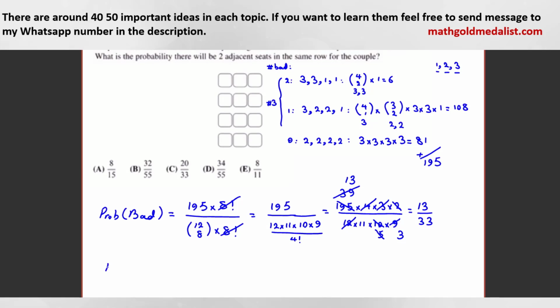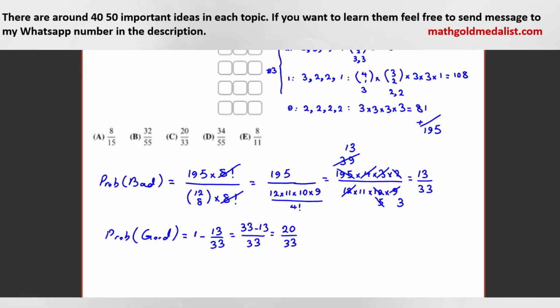Now the probability of good cases will be 1 minus 13 over 33, which is 33 minus 13, which is 20 over 33. So our answer will be choice C.